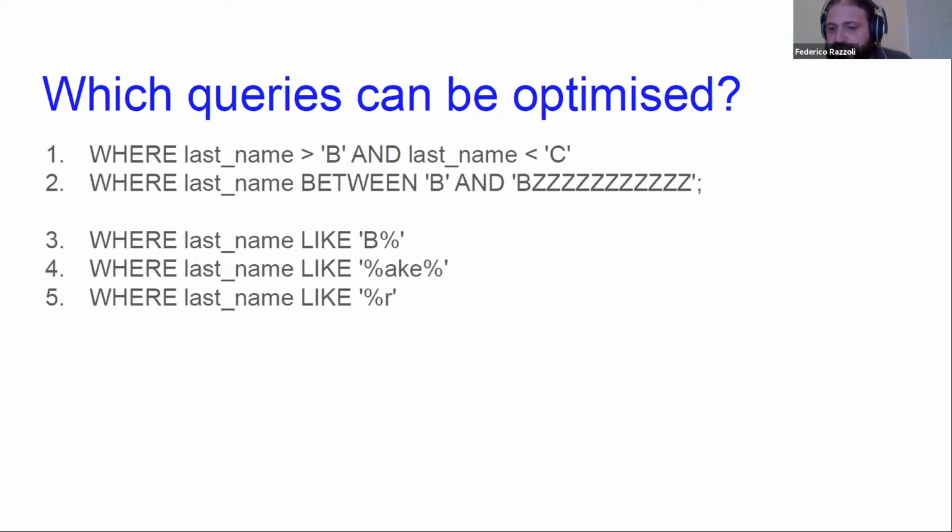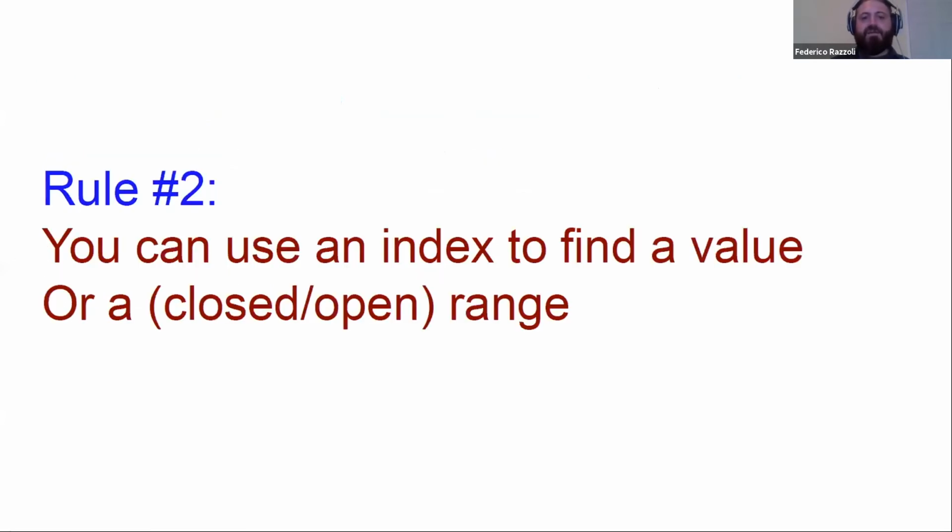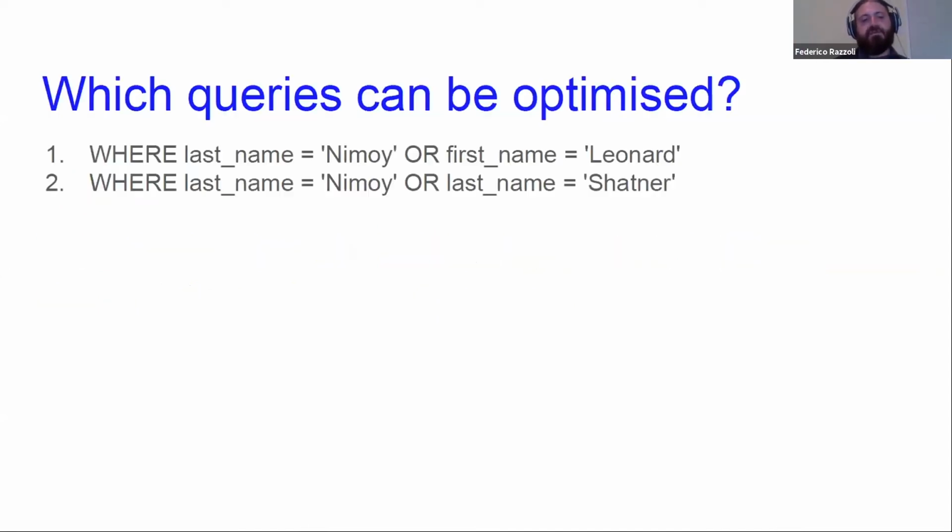Ruth asks if queries 1 and 2 are executed in the same way, and yes, they are, absolutely. Again, it's just different syntax. You can use the syntax you prefer. It's a matter of taste. So the second rule we can infer is you can use an index to find a value or a range, so a single last name, for example, or a range of last names. Let's proceed.